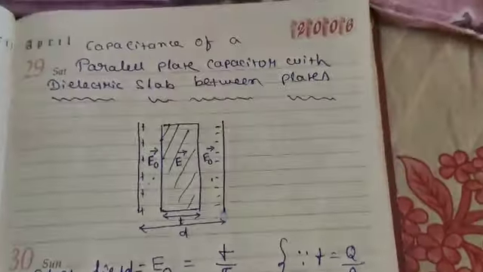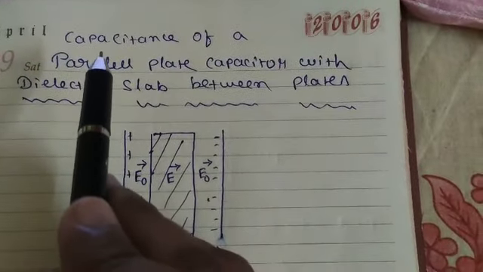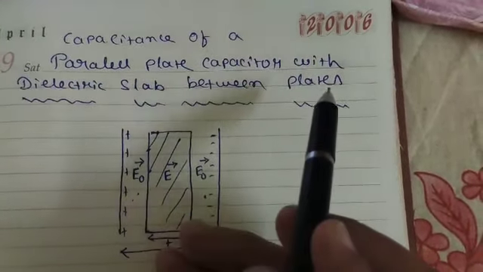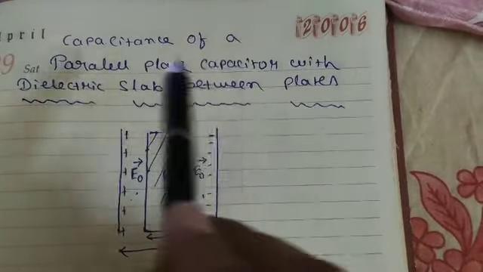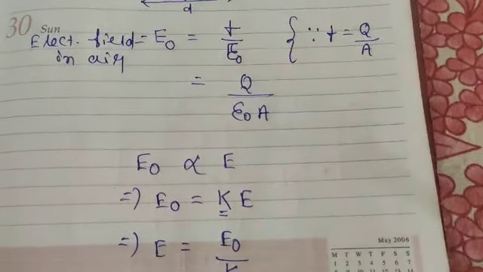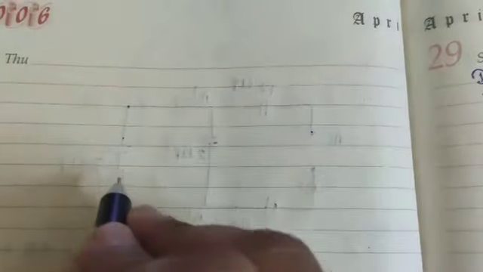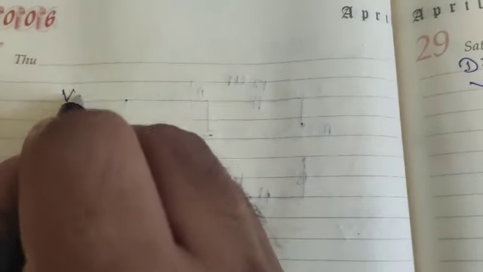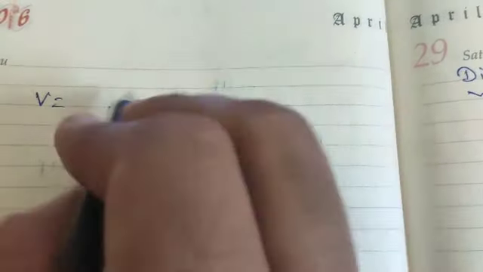And what is our main aim? Our main aim is to find the capacitance of a parallel plate capacitor with a dielectric slab between the plates. Capacitance we need to find. So first let us find V, and V equal to, formula is what?